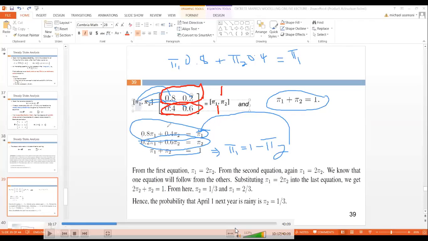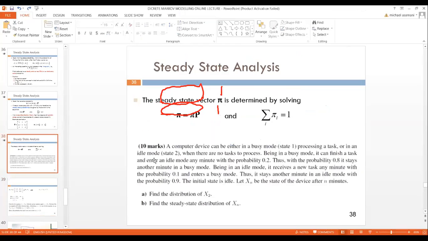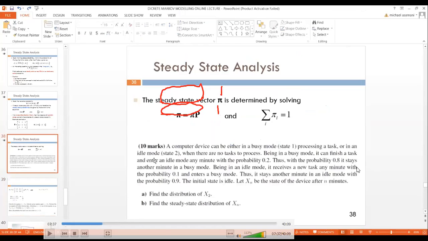Let me go back a bit. So in the question, you're right. It says being in a busy mode, it can finish a task and enter into an idle mode with probability of 0.2.